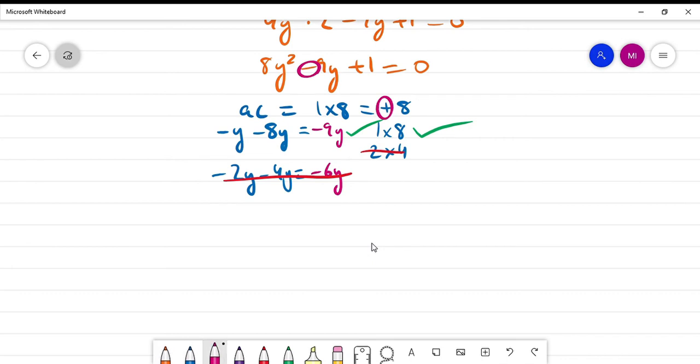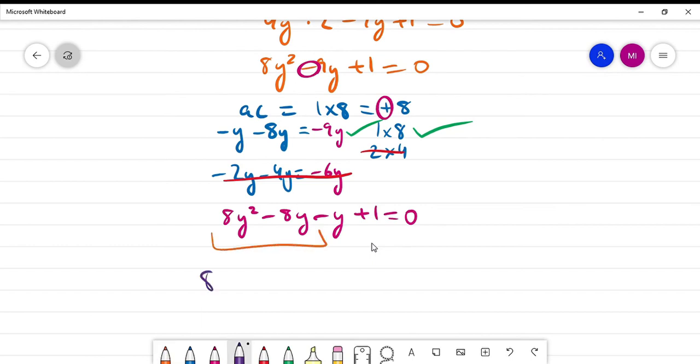So we get 8y squared minus 8y minus y plus 1 is equal to 0. So right here we're going to take 8y common, 8y into y minus 1. And right here we're going to take negative 1 common.